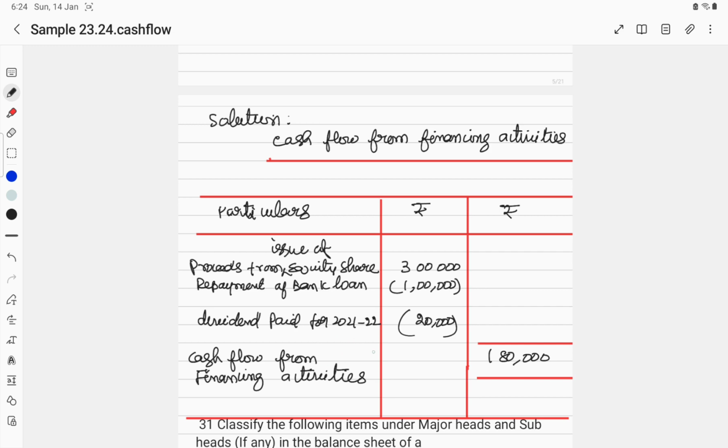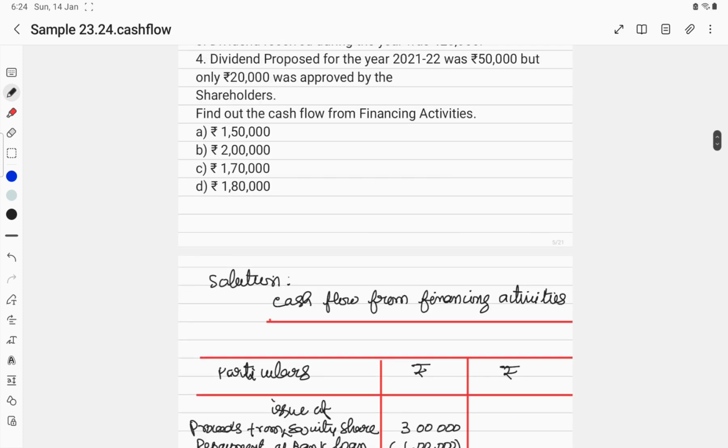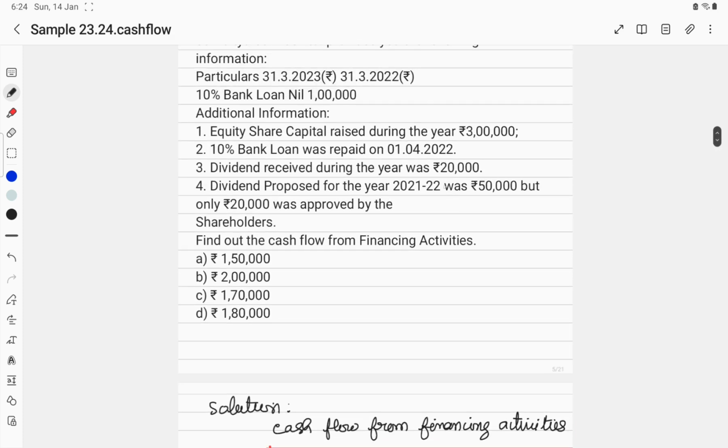Dividend paid for 21/22, rupees 20,000, is outflow. So totally cash flow from financing activities is 1,80,000. In this question, dividend proposed for 21/22 was 50,000, but only 20,000 was approved by the shareholders. So, only cash outflow is 20,000, not 50,000.